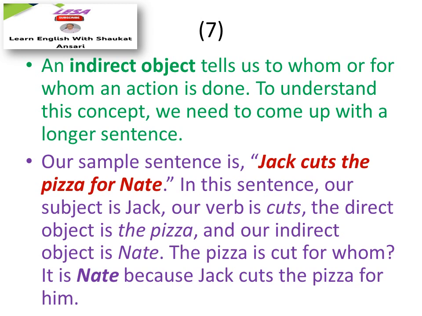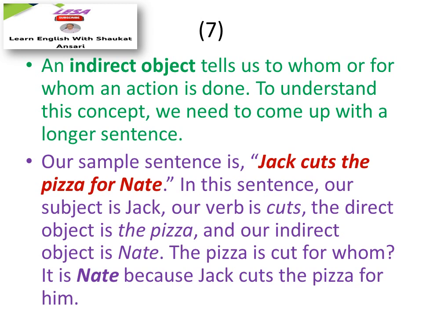I repeat, Jack cuts the pizza for Nate. In this special sentence, in this model sentence, our subject is Jack because he is action doer. And our verb is cuts. Here the verb cuts is showing the action.